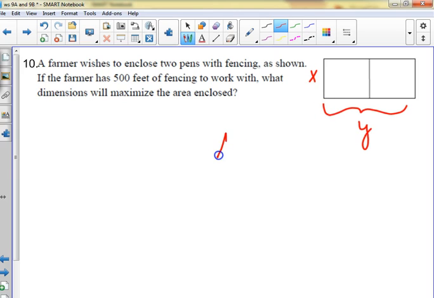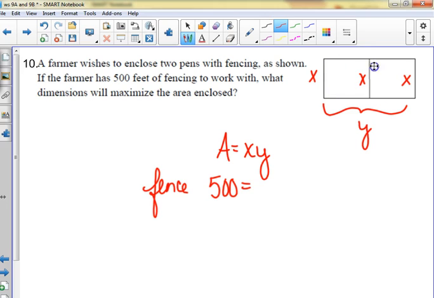Okay. So the area is x times y. That seem okay? But the fencing, he has 500 feet of fence, and he used 3 of this length of x. And there's a y across the top here that I can't quite fit in there. So we'd have 2 y's.